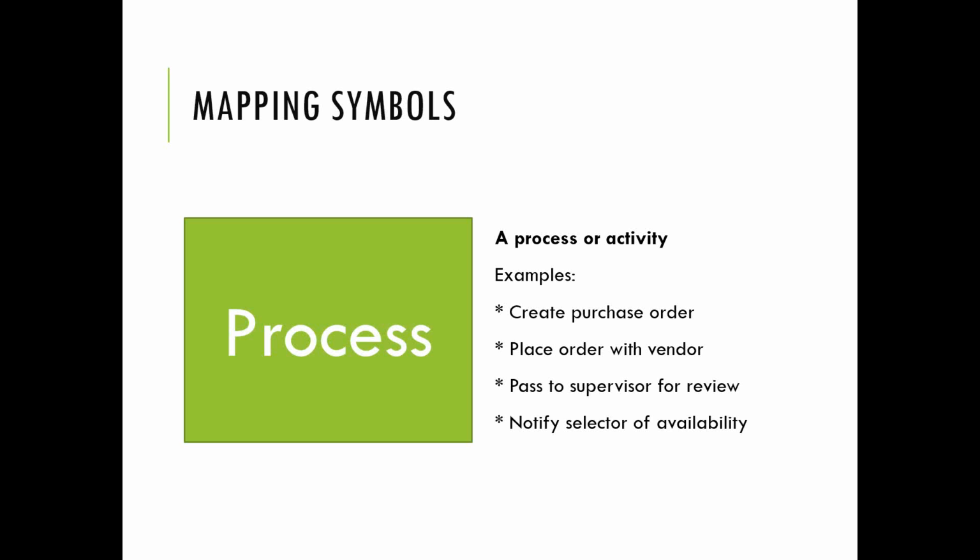On the other hand, I could also go even broader. I could create a process symbol on a workflow map that just said something like order a resource, but that might be too broad because there's lots of steps involved with that. And there may be reasons I want to capture those, like there's multiple people involved or multiple systems.